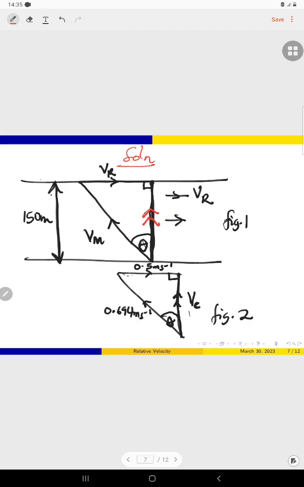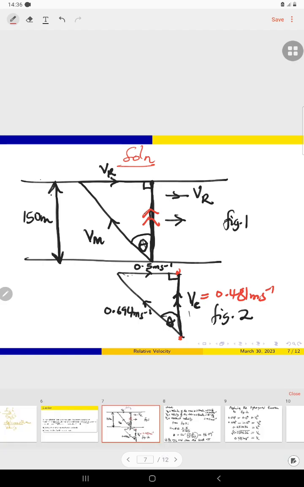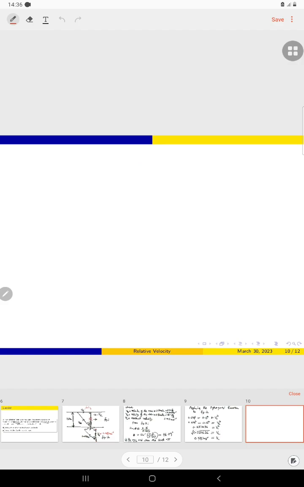We have known this velocity to be 0.481 meters per second. And luckily for us, the distance from this to this is 150. So velocity and the distance. From there, we can get a time, isn't it?